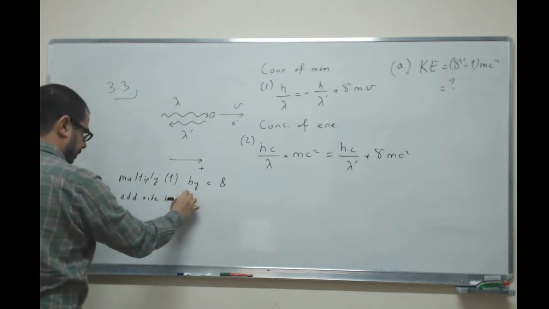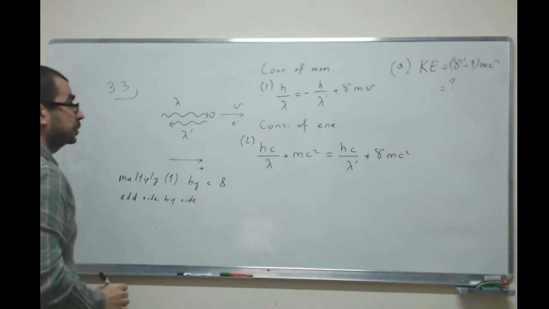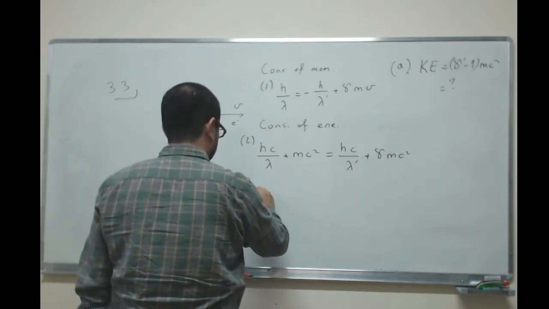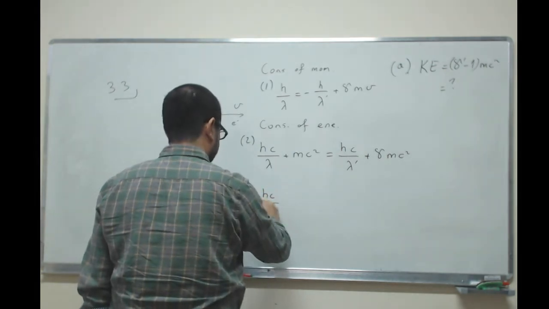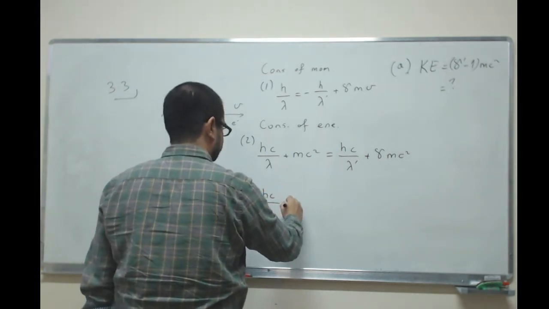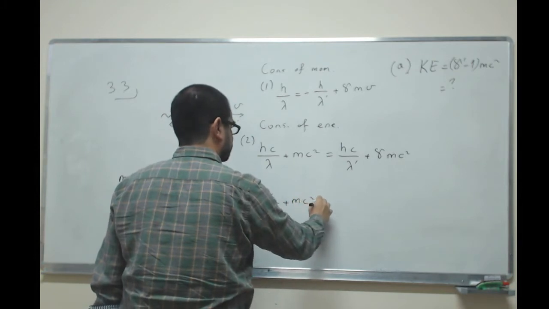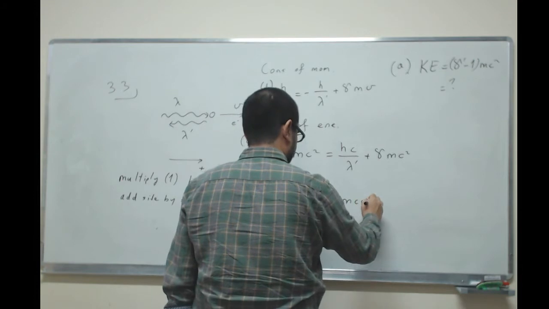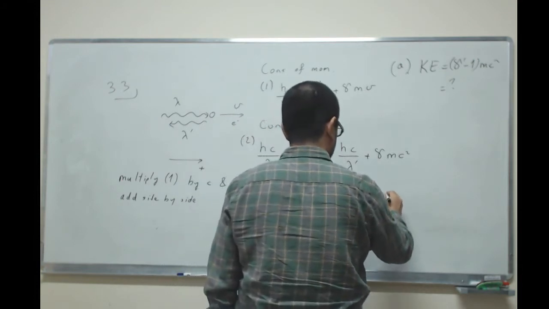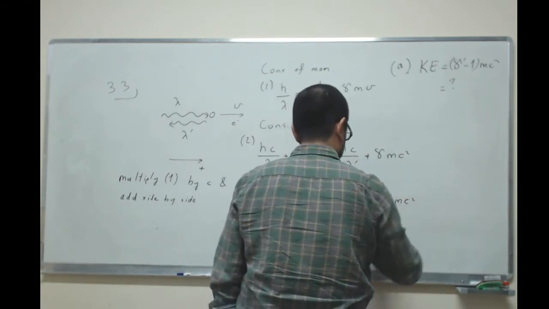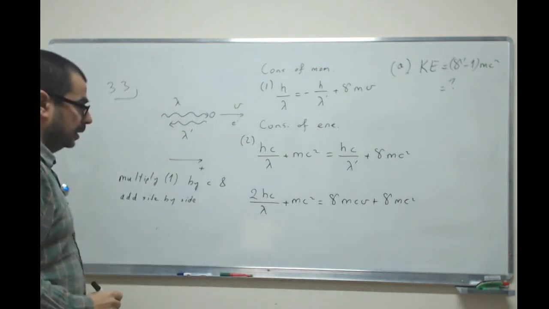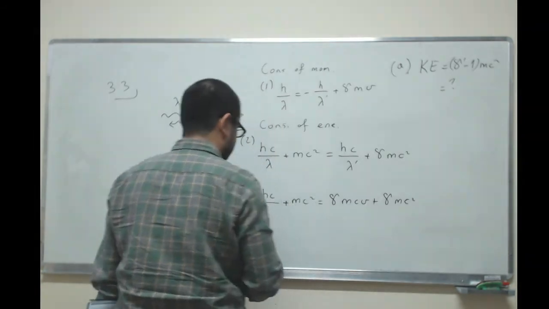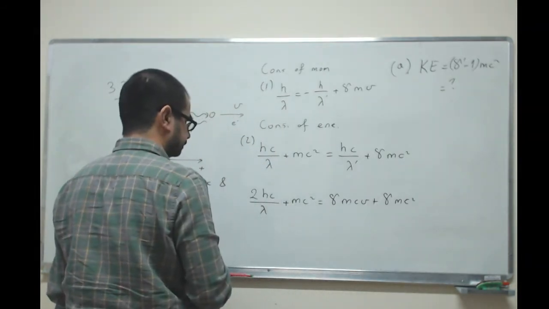What do we get then? On the left hand side we get 2 hc over lambda plus mc squared, equal to gamma mcv plus gamma mc squared. Then we can move this to the other side and arrange things a little bit.